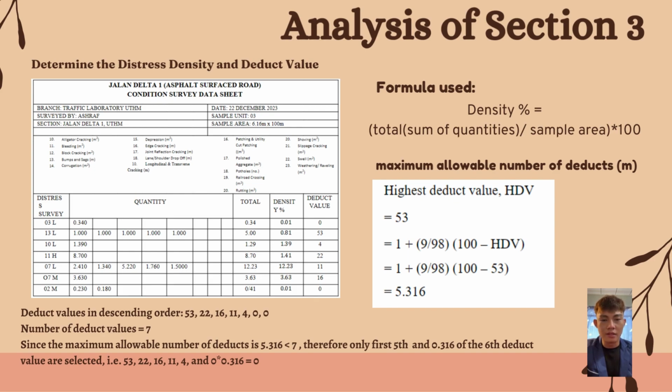So the number of deduct values is equal to 7. And since the maximum allowable number of deducts, 5.316, is smaller than 7, only the first 5 and 0.316 of the 6th deduct value are selected. So that is 53, 22, 16, 11, 4 and 0.